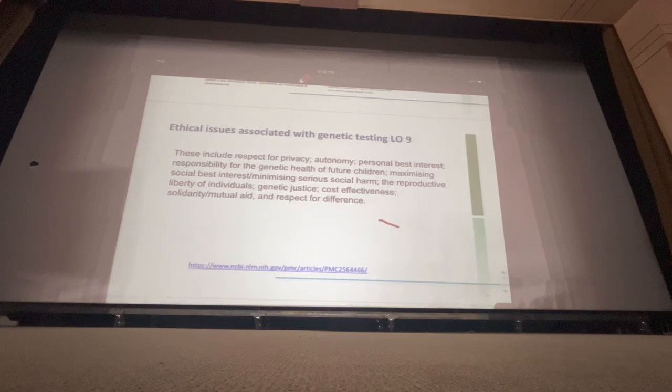Maximizing the social best interest and minimizing the serious social harm. Some ethical issues: the reproductive liberty of individuals, genetic justice, cost effectiveness, solidarity, mutual aid and respect of difference.